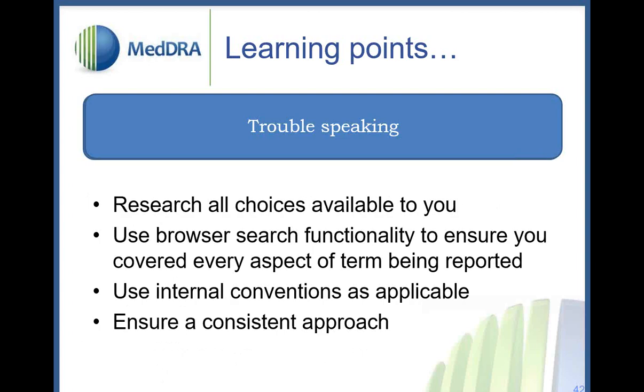A good rule of thumb is that when there's more than one interpretation of a term, it's always best to query for clarification, right? If clarification is not received, I would suggest documenting the approach chosen and choosing a generic LLT, something like "unevaluable event," because it's best to have a generic term chosen if no clarification is received.